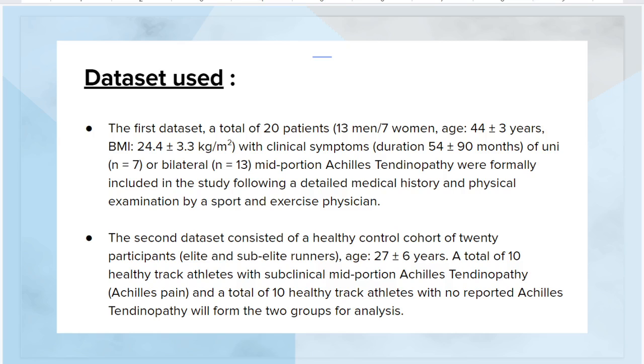The second dataset consisted of a healthy control cohort of 20 participants consisting of elite and sub-elite runners of age group 27 plus minus 6 years. A total of 10 healthy track athletes with subclinical mid-portion Achilles tendinopathy and a total of 10 healthy track athletes with no reported Achilles tendinopathy will form the two groups for analysis.